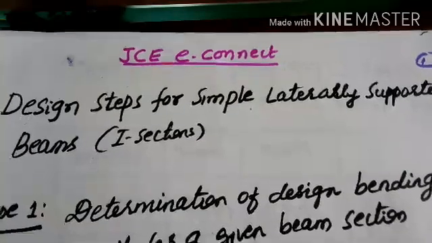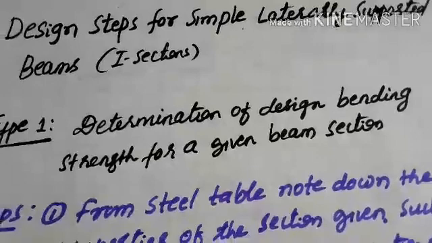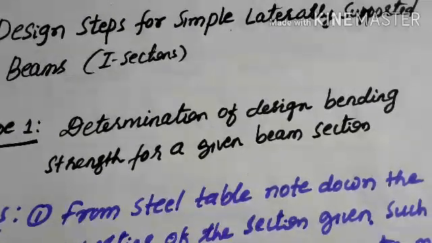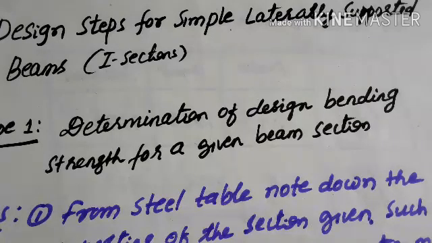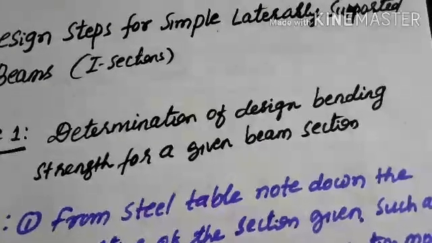So again there are two types here. For type 1 we have already seen the determination of design bending strength for a given beam section, and how it can be calculated, in previous lectures.